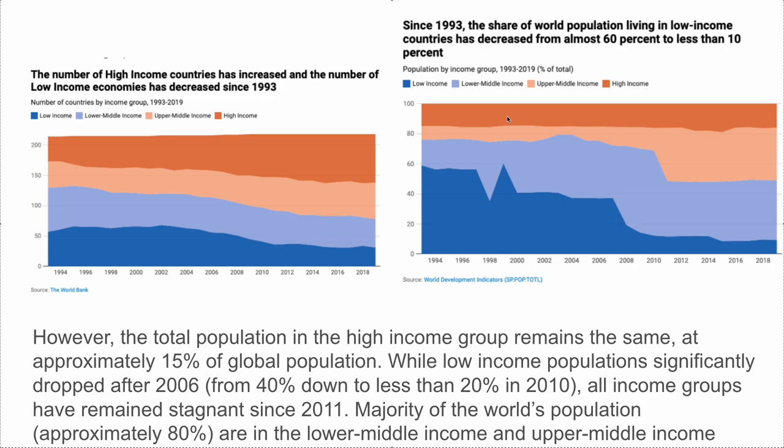But what's interesting about population by income group as a percentage of the total population is that while the percentage of the low income countries have dropped dramatically, and lower middle income and upper middle income now make up the bulk of the percentage of the global population, which is pretty consistent with when we talk about the middle classification as a factor contributing to the increase in international tourism arrivals and departures, right? 80% of the world's population is now classified in this area.